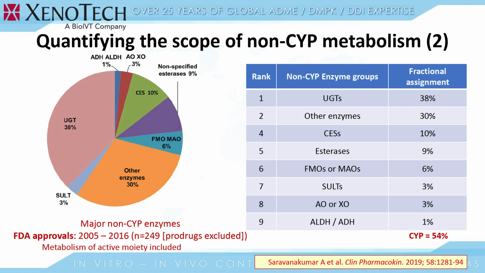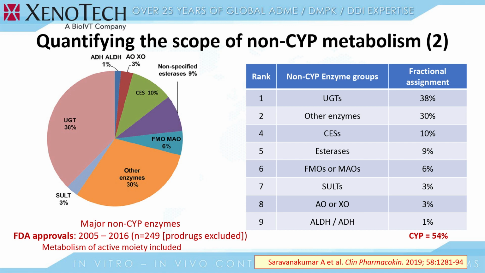If we look at the rank order of these non-CYP enzymes, we see again that UGTs make up about 38%, followed by other enzymes making up 30%. Carboxylesterases were found to contribute to about 10%, followed closely by esterases at 9%. FMOs or MAOs contributed about 6% to the total.